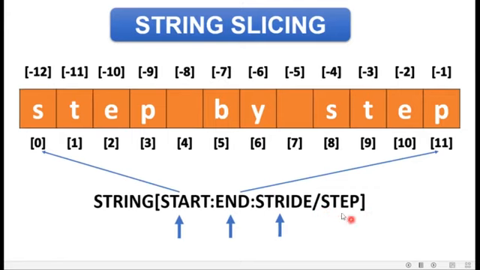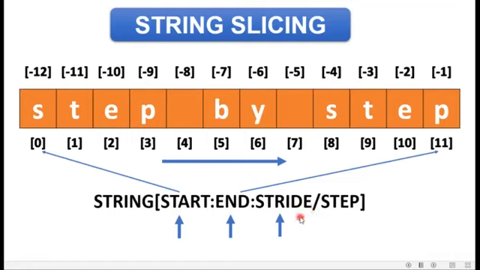Now, there is again a variation in the stride value. It can be positive and it can be negative. So if my stride value is positive, then it will work in increasing order. That means the substring extracted from the given string will be printed in increasing order from left to right, right?